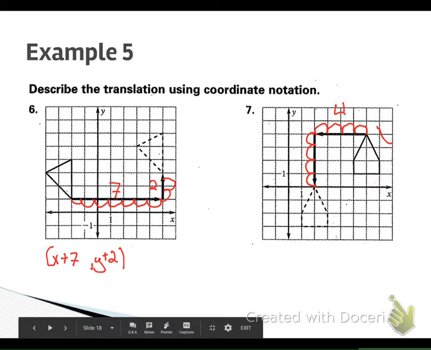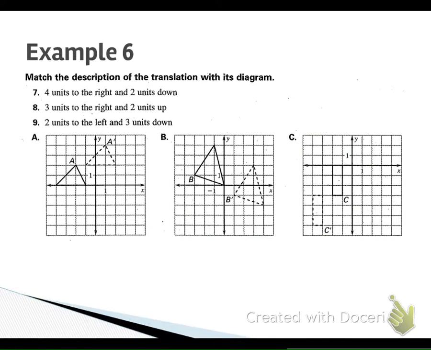So how many is that? 4. So when we begin this, we're going to do that coordinate notation with the X, Y, but I'm going to leave space. And then we are moving left. So if we're moving left, are we adding or subtracting? Subtracting, and so we're moving left 4. And we're going down. Are we adding or subtracting? Exactly right, guys.